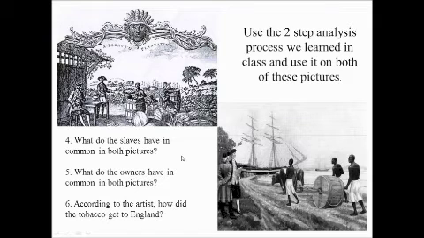And lastly, according to the artist, using exact details, how did the tobacco get to England? All right, so both pictures, that's how you're putting details in from both of them. Okay? Now, please get that done. You can pause the movie while you are getting that done.